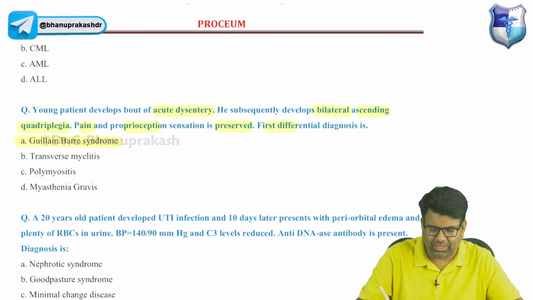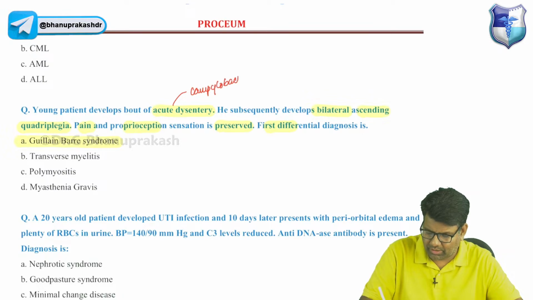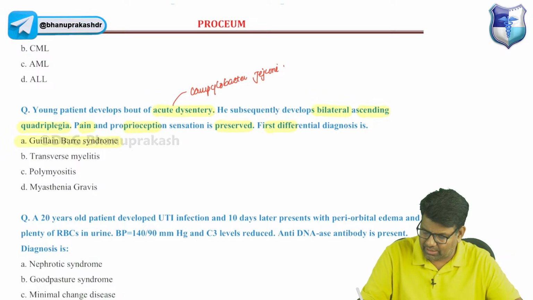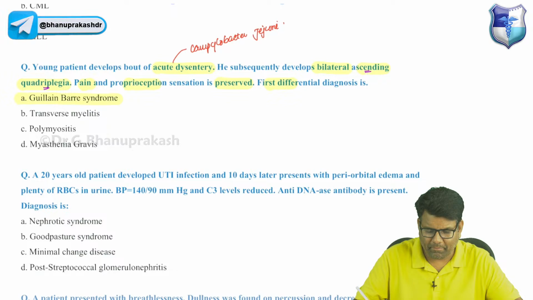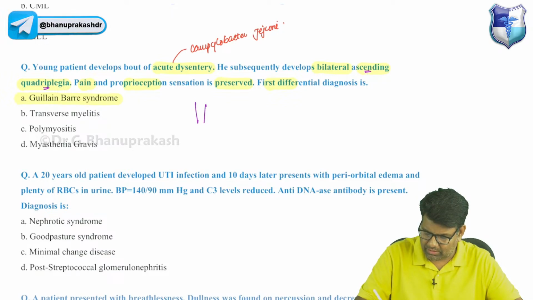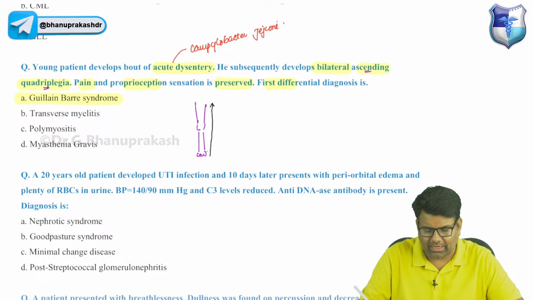And yes, this acute dysentery could be because of Campylobacter jejuni. When we are using the word ascending paralysis, what does this mean? Ascending means firstly he will have weakness of toes, then ankle, leg, knee, and finally it will go towards the hip. So this is ascending paralysis.